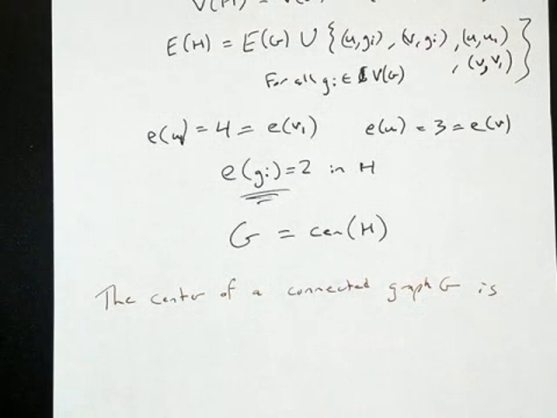And if it avoids a bridge, then it avoids the vertex on each edge of a bridge, a cut vertex. So if I take my graph and I take it apart at the cut vertices, what do I have? Blocks. My center has to be in a block to avoid going over a bridge.